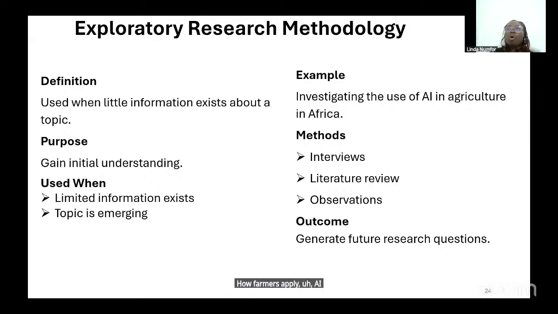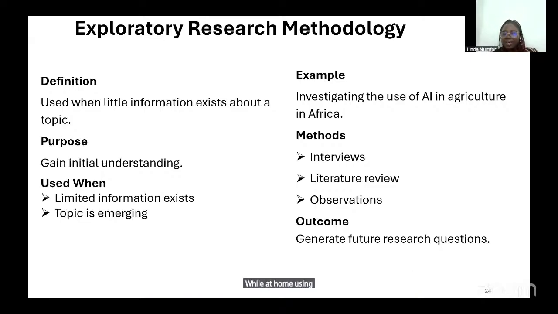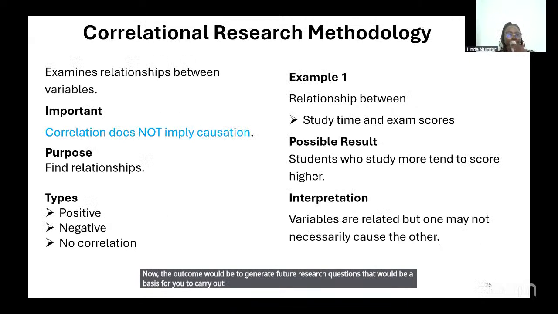Do they just stay at home and watch how their crops are growing, so you can calculate the crop height while at home using your device, using AI? Or you go and use a ruler, calculate, okay, this one has grown this high. So it all depends. Now the outcome will be to generate future research questions that will be a basis for you to carry out further research.